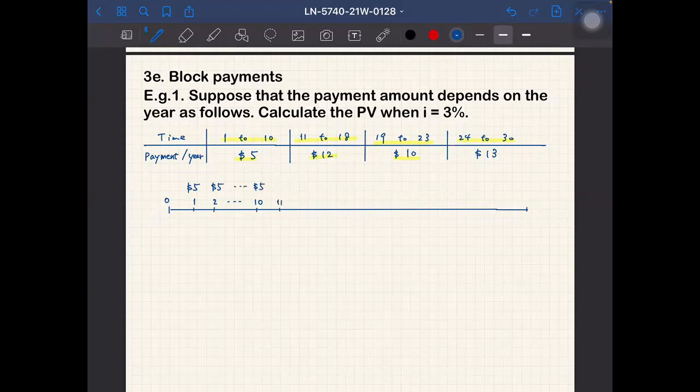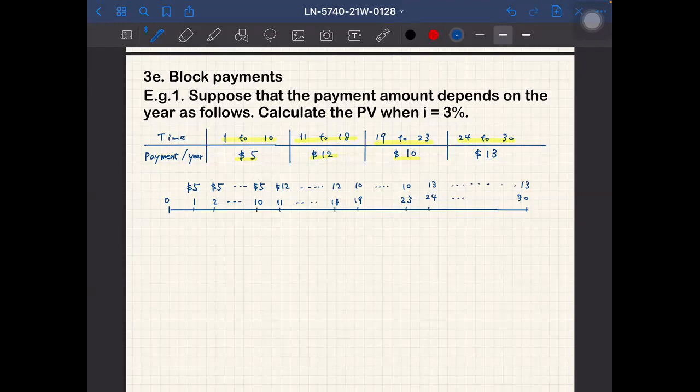And 11th to 18th year, we received $12 each. And 19th to 23rd, $10 each. And 24 to 30, we get $13 each.